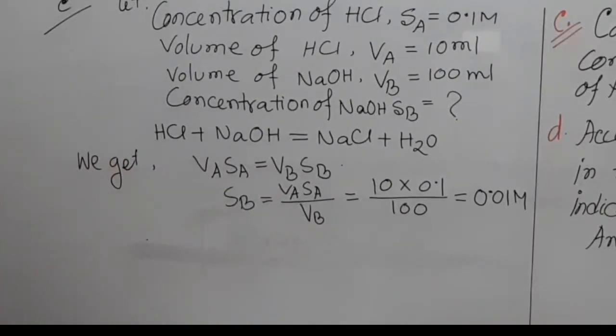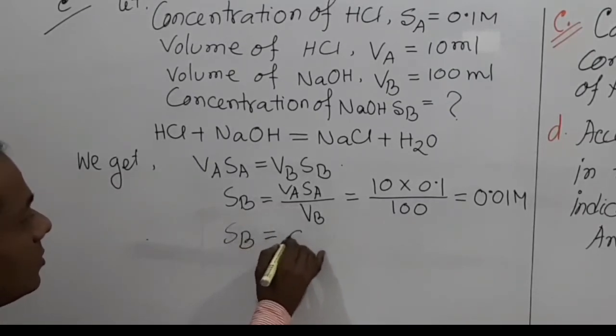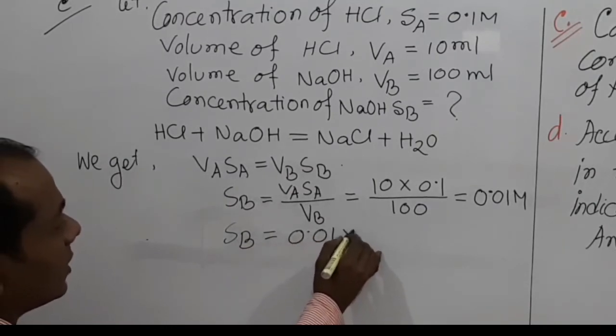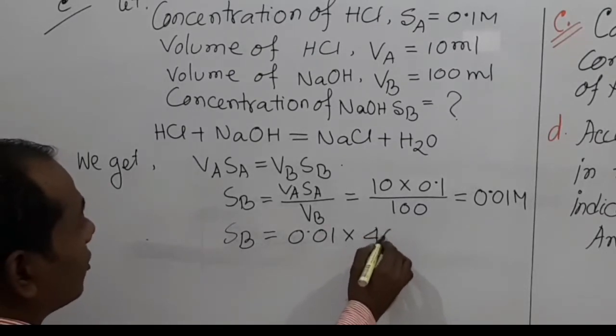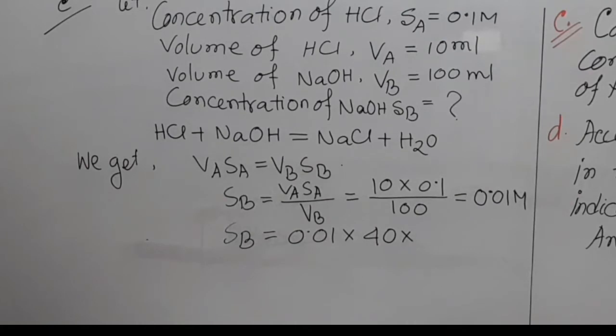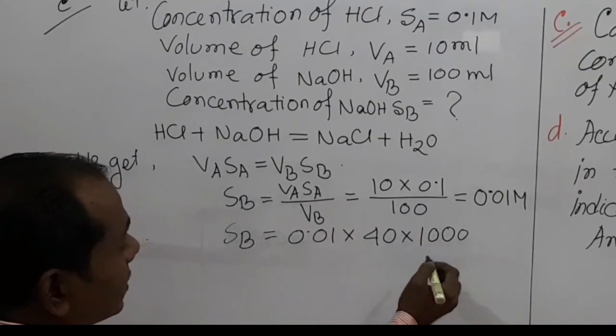Now, my dear students, we have to calculate this molar concentration in ppm unit. To convert molar solution into ppm unit, we have to multiply by the molecular mass of the compound and 1000. SB equal to 0.01 into molecular mass of sodium hydroxide, that is 40, and we multiply here 1000.